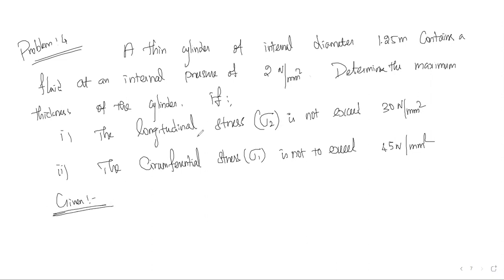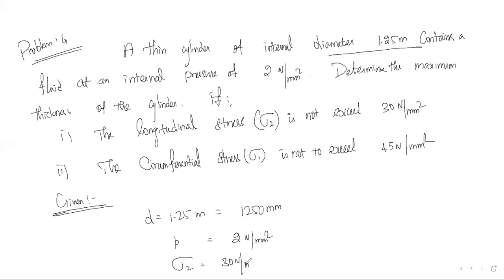So given data: internal diameter small d is equal to 1.25 meters, which is 1250 mm. Fluid internal pressure P is equal to 2 Newton per mm square. Sigma 2 value is 30 Newton per mm square and sigma 1 value is 45 Newton per mm square. Let us move on to the solution part.